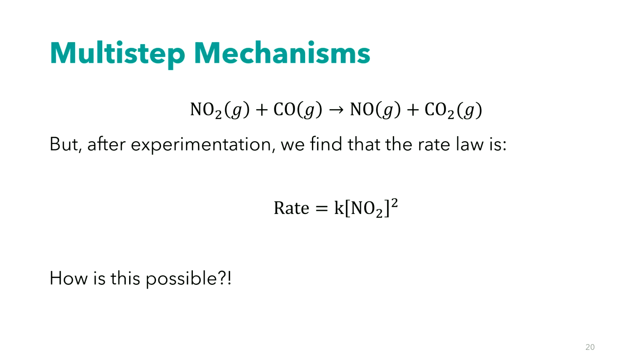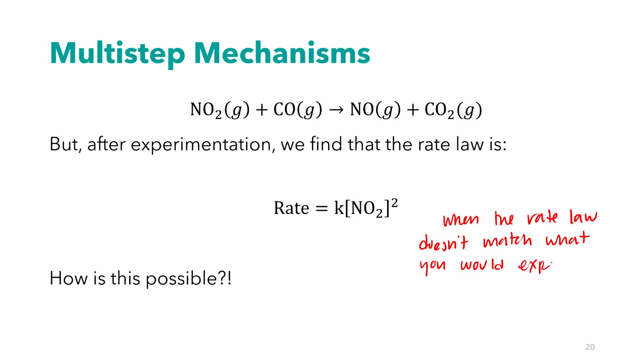When the rate law doesn't match what you would expect if the reaction were one elementary step, you can surmise, or you can guess, it must be a multi-step mechanism.